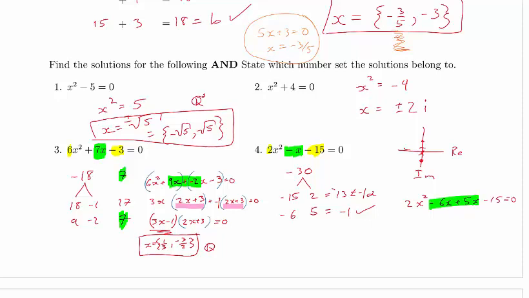Okay. Raise our parentheses. And then we factor through like we did before. We've got a 2x in the first one, giving us x minus 3.